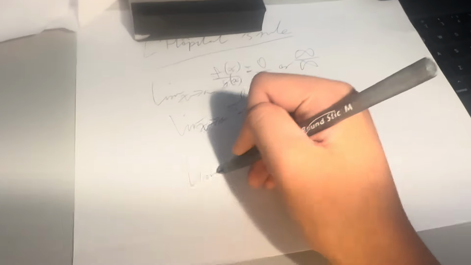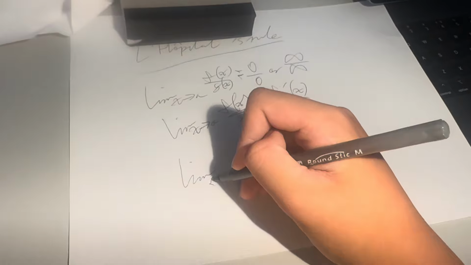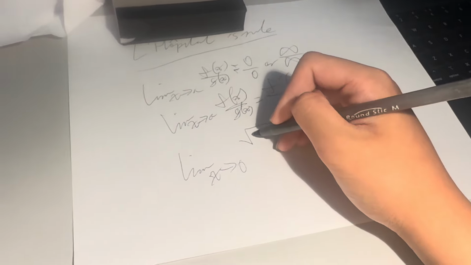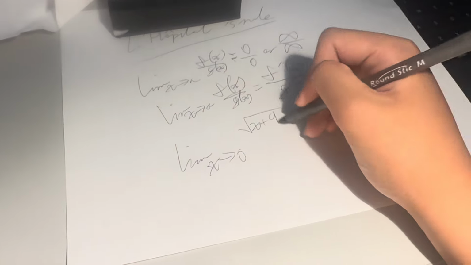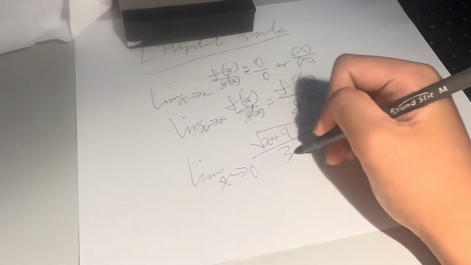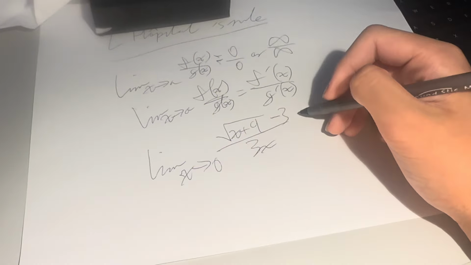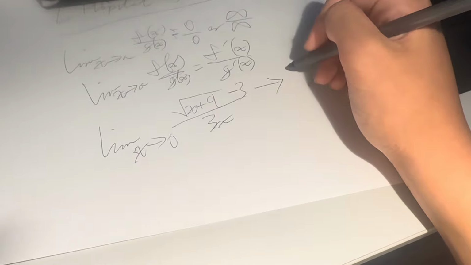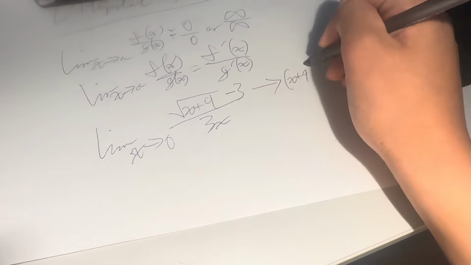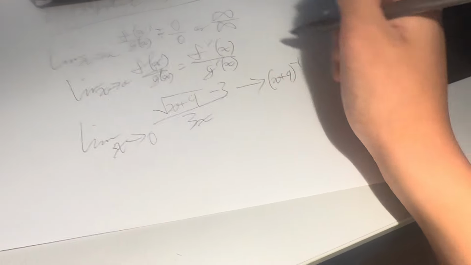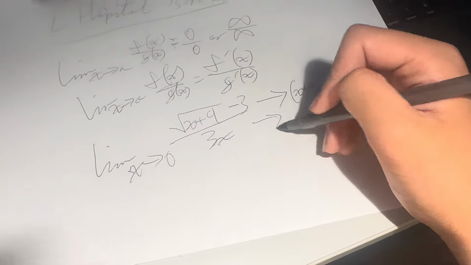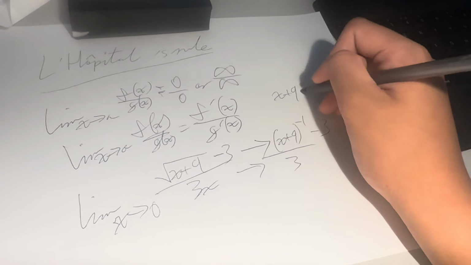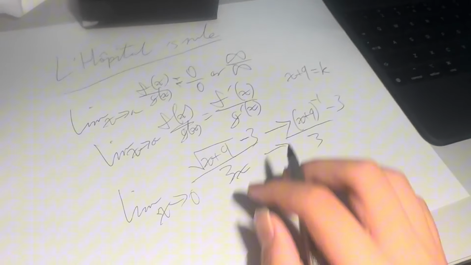So for the example, let's just use the other thing. Now, what is the derivative of this? We could just do this, and the bottom 3. Let's make x plus 9 equal k, because k is a good letter.